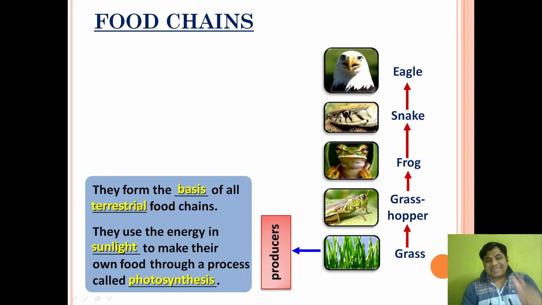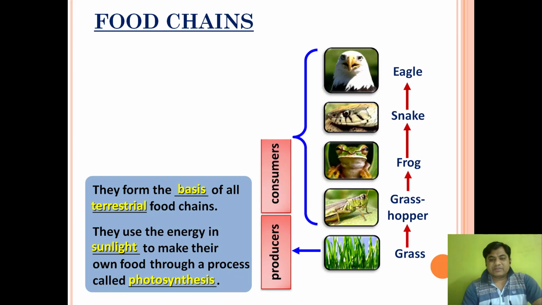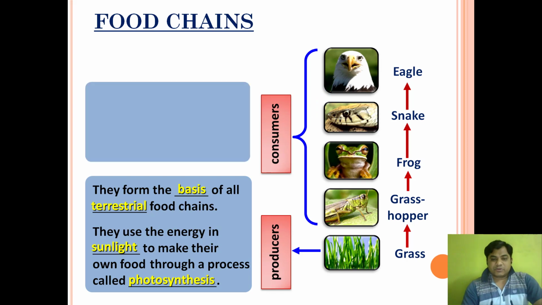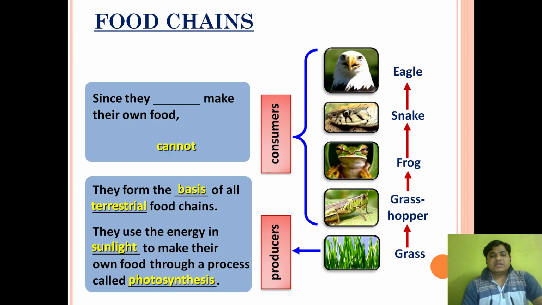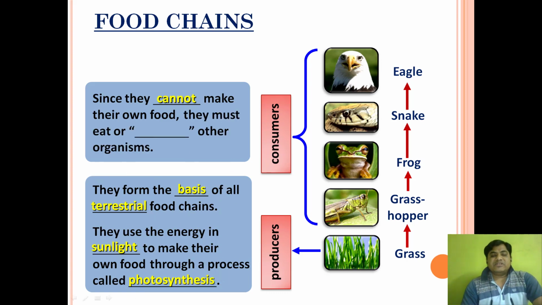Now the next trophic level, they are the consumers. Since they cannot make their own food, they must eat or consume other organisms. That's why they are consumers.